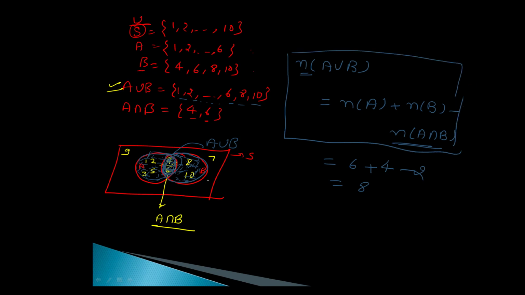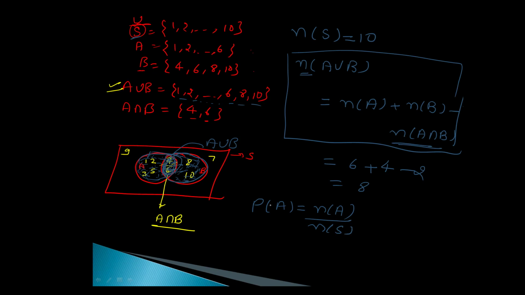And we can use this to get our addition rule of probability. Can you count how many elements are there in your universal set? It is 10. And by definition of probability, probability of any event is equal to favorable cases divided by exhaustive cases.